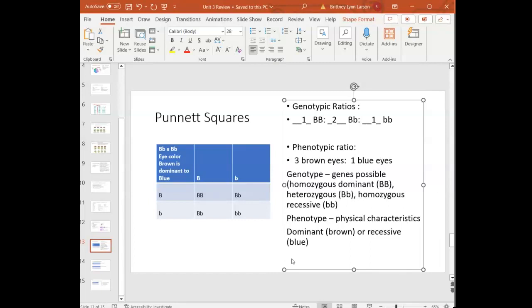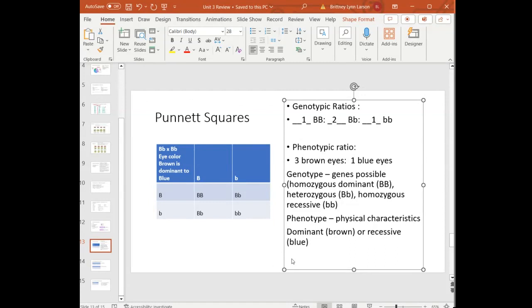But if I say all individuals with the same genotype have the same phenotype, that's true, because if you have the homozygous dominant genotype, you're going to have the dominant phenotype, okay? But if I say all individuals with the same phenotype have the same genotype, that isn't always true, because you could be either homozygous dominant or heterozygous and share the same phenotype.